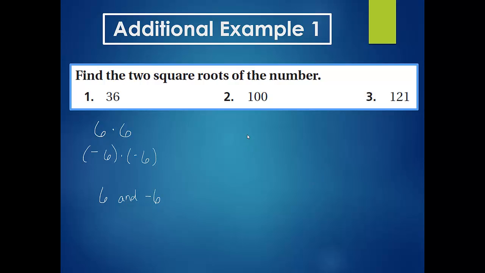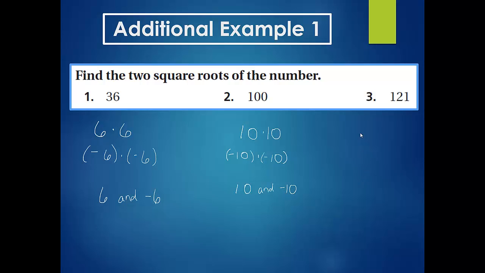For number 2, we have 100. We know that 10 times 10 equals 100, and negative 10 times negative 10 also equals 100. So our two square roots are 10 and negative 10.